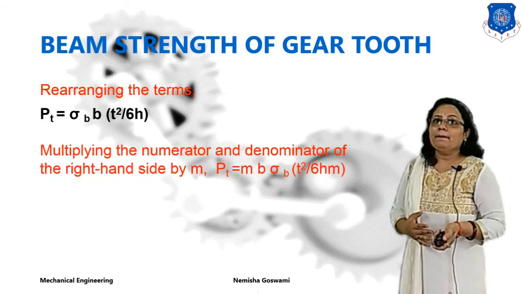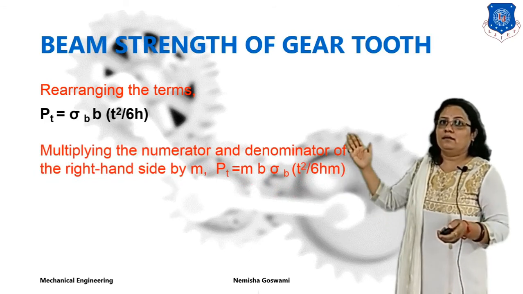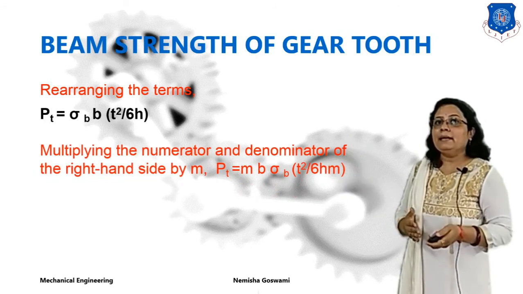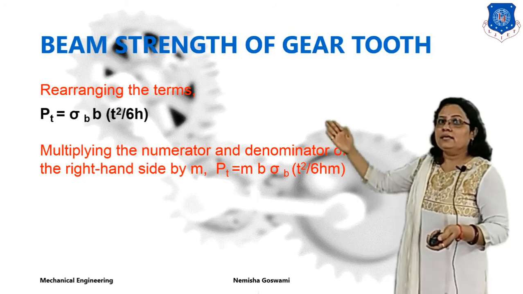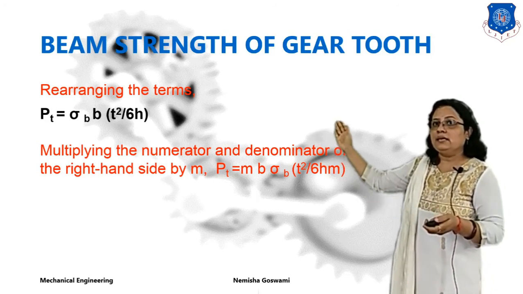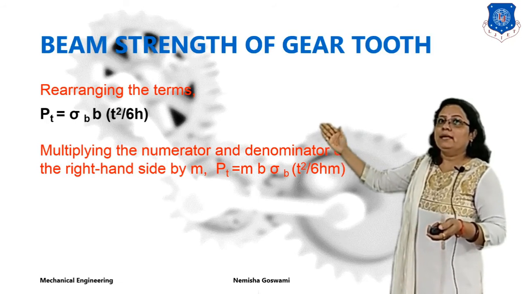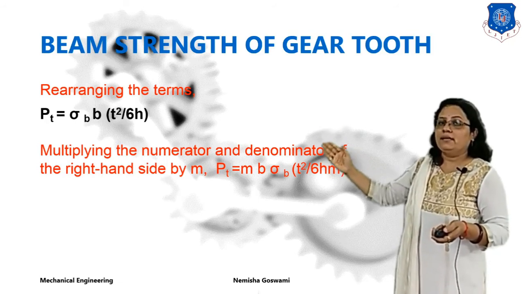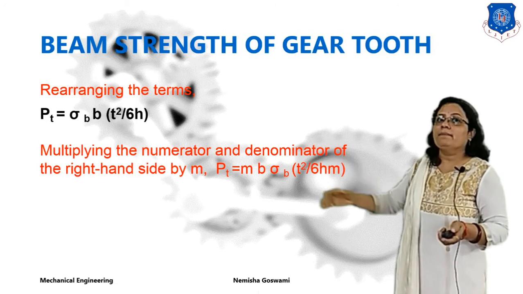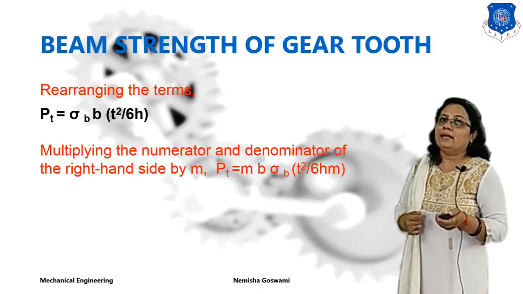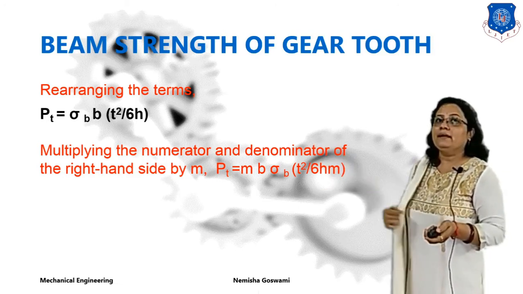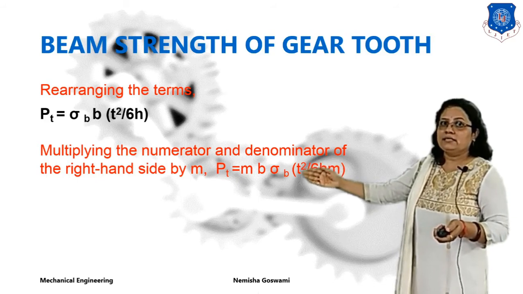Now, we will multiply and divide this equation, sigma B into B multiplied by T squared divided by 6H, by the module. So we will get this equation, you can see here.